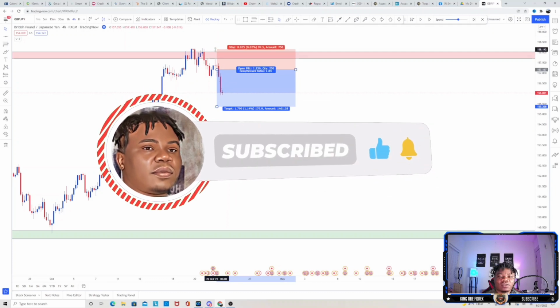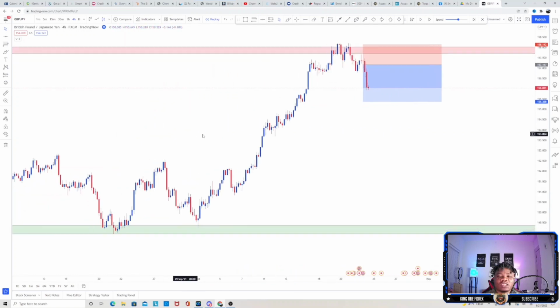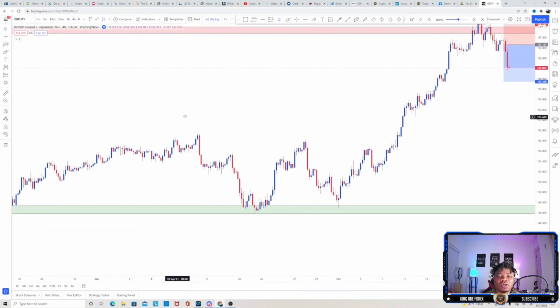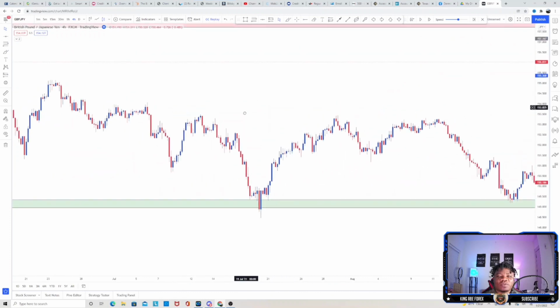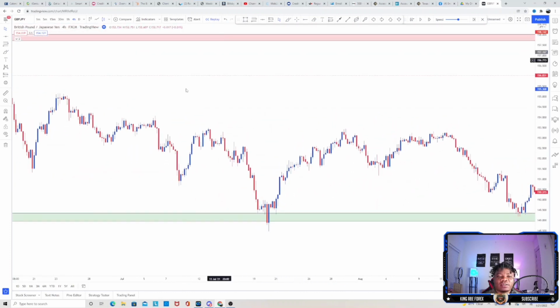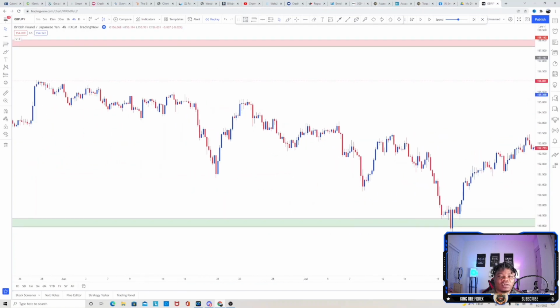You target this zone up here for your stop loss. Now for your take profit, all you simply have to do is look to your left hand side for your take profit zones. And here, looking at this on my left hand side, I can see that I can actually target this zone here.